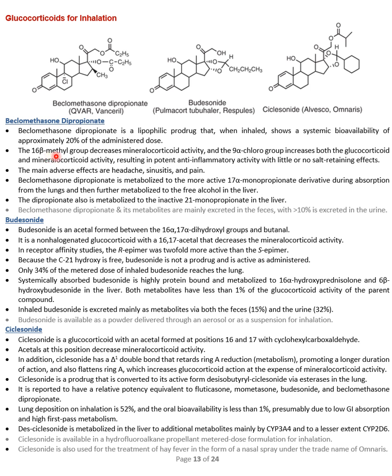The 16 beta methyl group would decrease the mineralocorticoid activity, and then the 9-chloro would increase both glucocorticoid and mineralocorticoid activity. So at the end result, you will have a potent anti-inflammatory activity with little or no mineralocorticoid effect, which is the salt and water retaining effect. Okay.